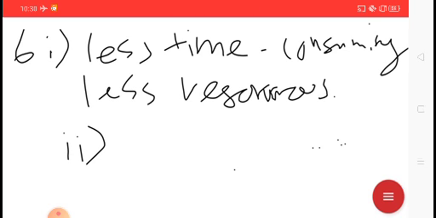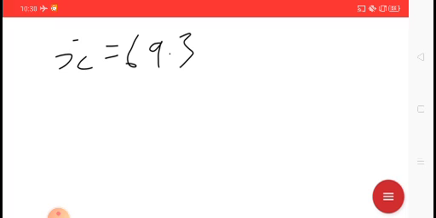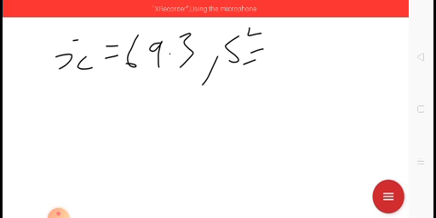Okay, I remove part 1 first. Part 2. As you know, the sample mean is 69.3, and S squared is the unbiased estimate of variance.